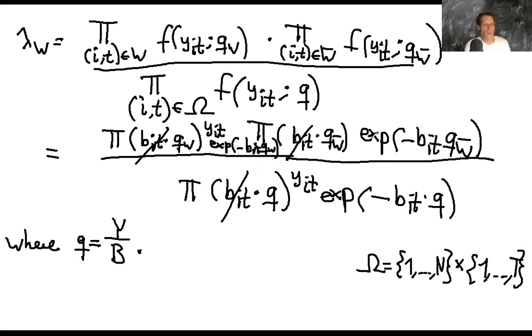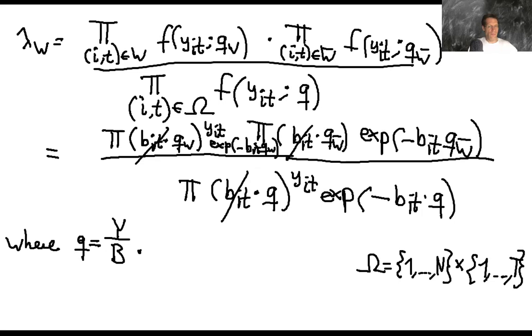What is important is that this likelihood ratio is computed not because we don't know the Q, we will replace them by their estimators, right? So this one here will be replaced by its estimator. For the Q, it will be y over b, and for the QW, it will be as described on the last slide, also for QW bar, right?